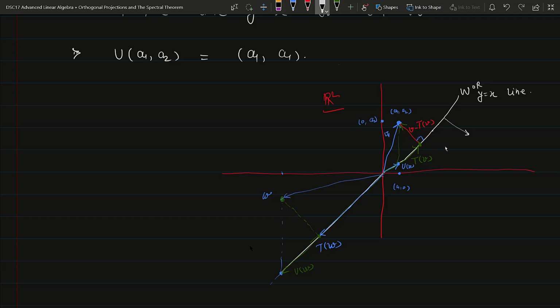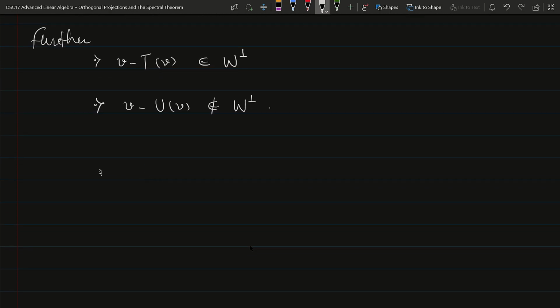Now this is the closest vector to v, which means if we take any vector from w and identify its distance from v, that distance is always greater than or equal to the distance between T v and v. Okay, so this is another observation. It says that T of v in w is the closest vector to v.